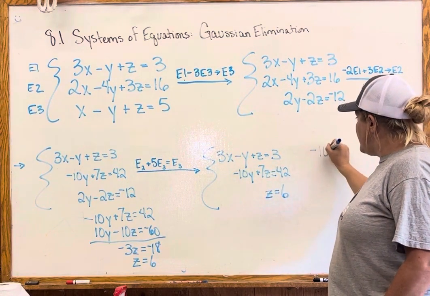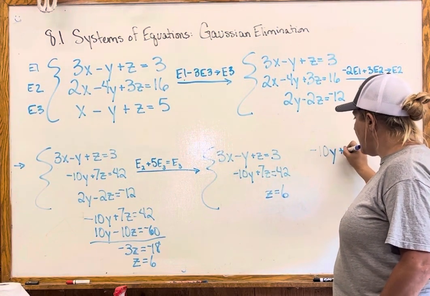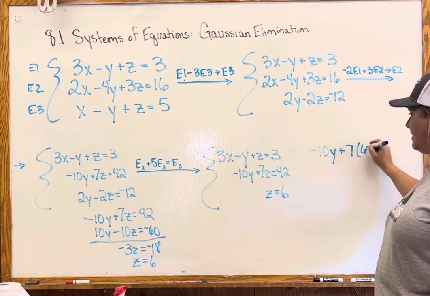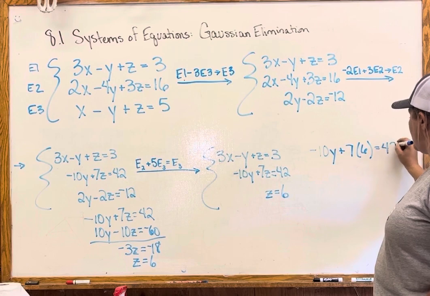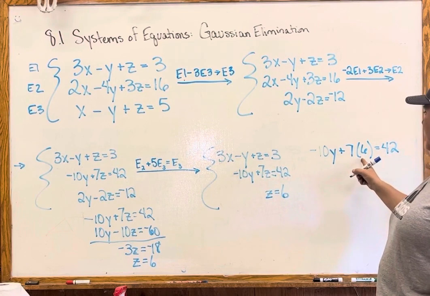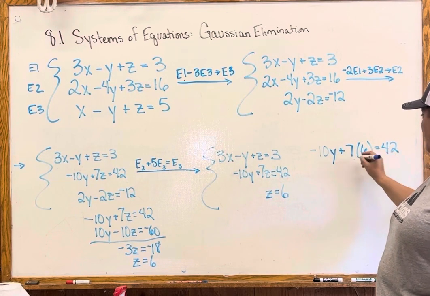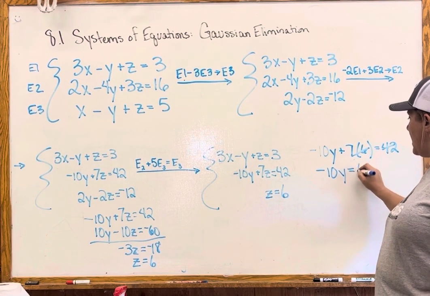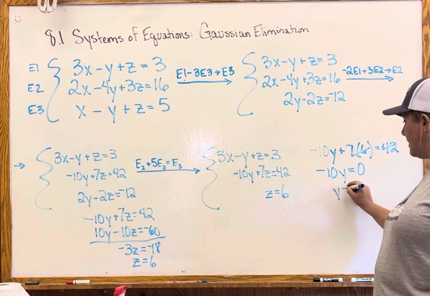So we have negative 10y plus 7 times 6 equals 42. Well, funny enough, 7 times 6 does equal 42, so those guys cancel out. So we have negative 10y equals 0, so y equals 0.